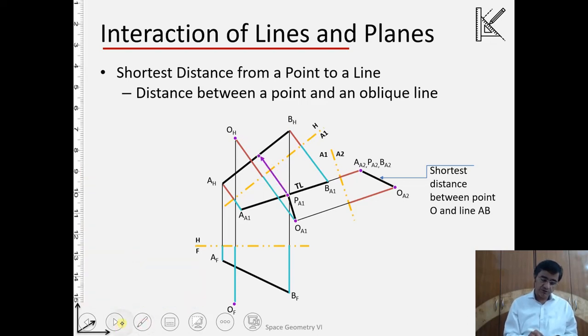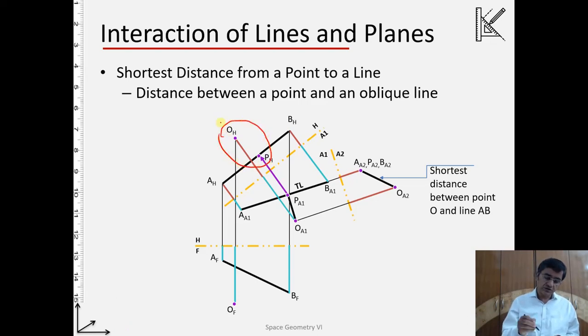So that's the point PH, and once we know PH, I can join PH and OH. If I join these two, I will get the projection of the shortest distance onto the horizontal plane. So this is the projection onto the horizontal plane.